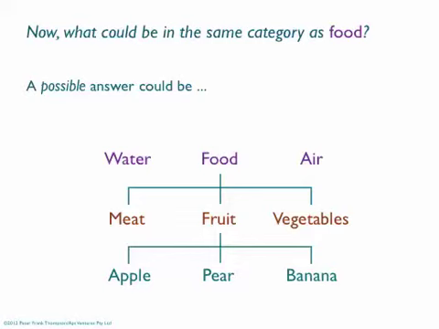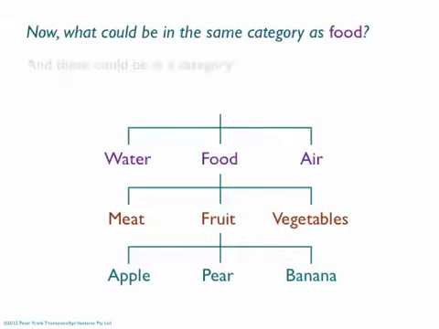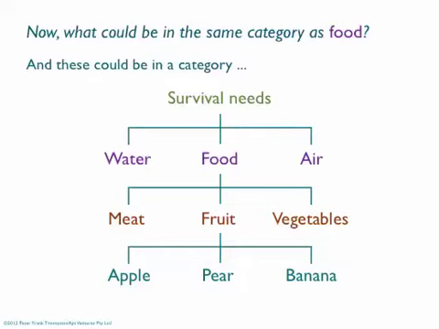Now you can probably imagine that there are a range of different categories that these could fit into. The one that's being suggested here is survival needs. That does seem to be logically consistent, and this is a point that is important in this whole process, making sure that our categorization processes are logically consistent.